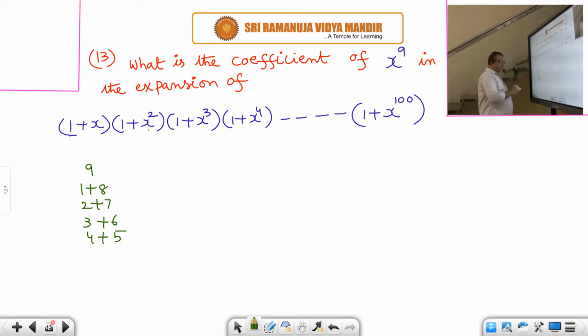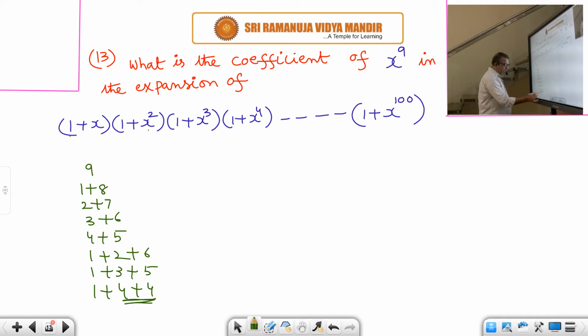Then three numbers: 1 plus 2 plus 6, 1 plus 3 plus 5. 1 plus 4 plus 4 is not possible, because a number cannot repeat. 4 means I have to select x power 4 two times, but it is not there twice.